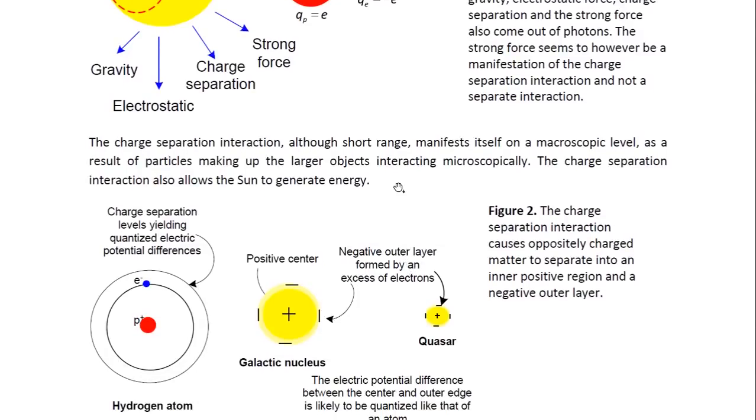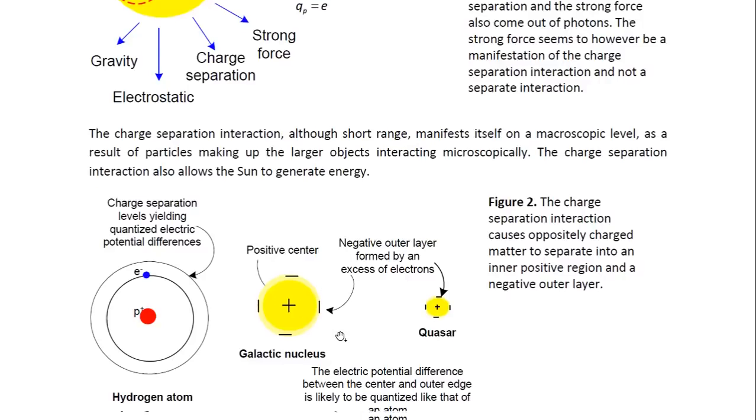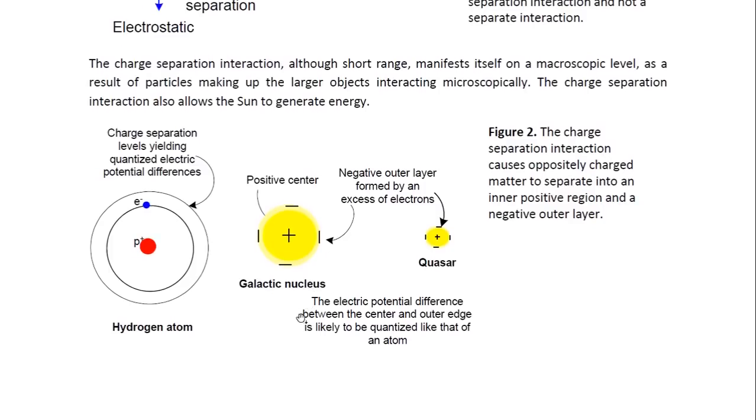Now, although the charge separation interaction is a short-range interaction, it manifests itself on a macroscopic level as well. And it's also because the large objects are still made out of small particles and atoms, and because this is what causes matter to be separate, and that's what they're made of, this manifests into the larger objects.